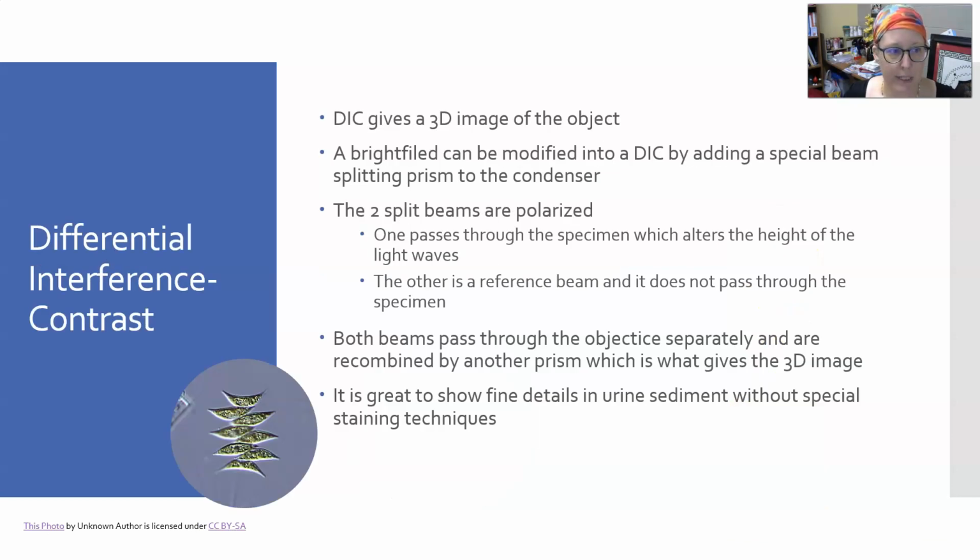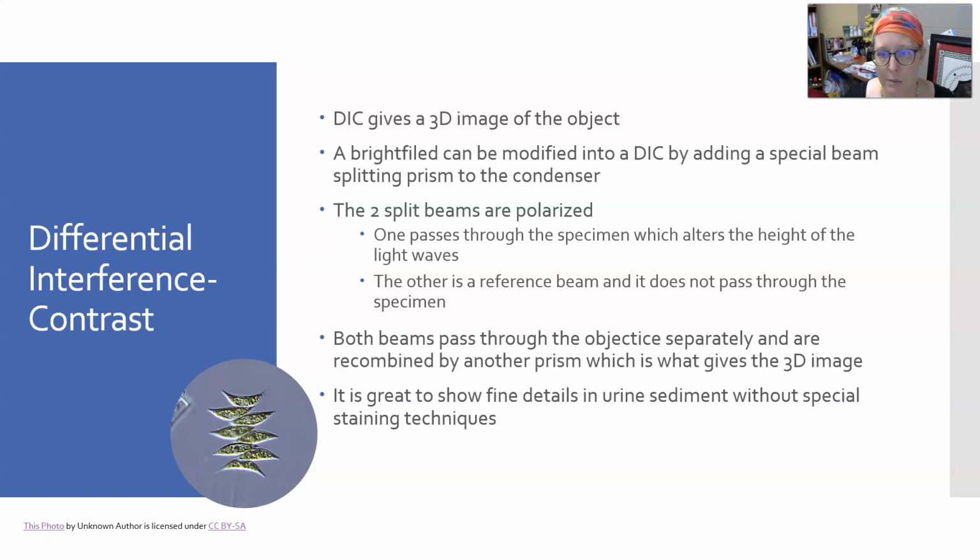Next, we have the Differential Interference-Contrast microscope. This one will give you more of a 3D image of the object. It is a Brightfield microscope that can be modified into a differential interference-contrast microscope by adding a special beam splitting prism to the condenser. The two split beams are polarized.